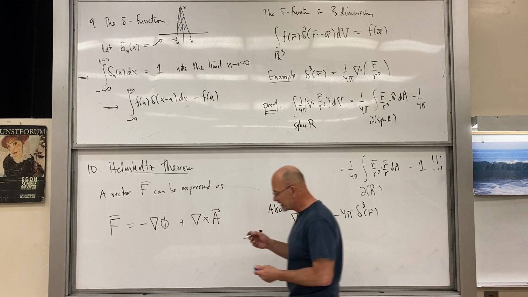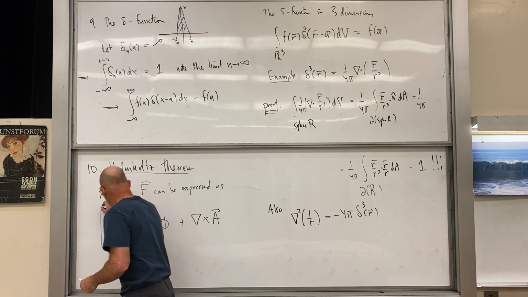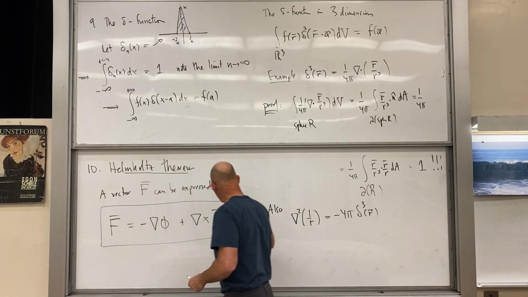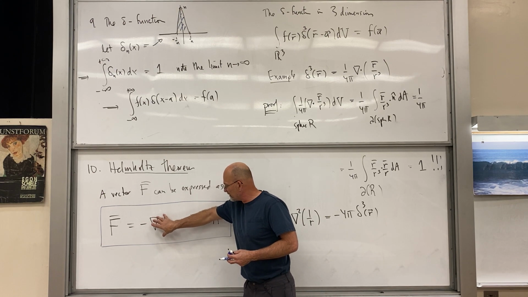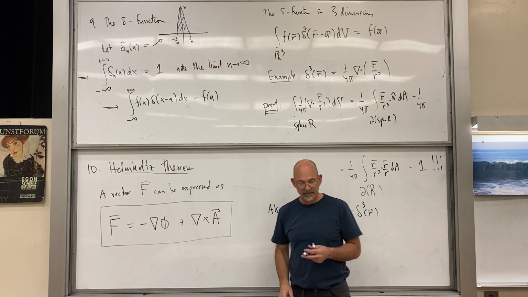So yeah, this is used a lot, especially in theoretical constructions, where you have a vector and then you say, well, I can express it as the gradient of a scalar and the curl of a vector, and you move on from there.